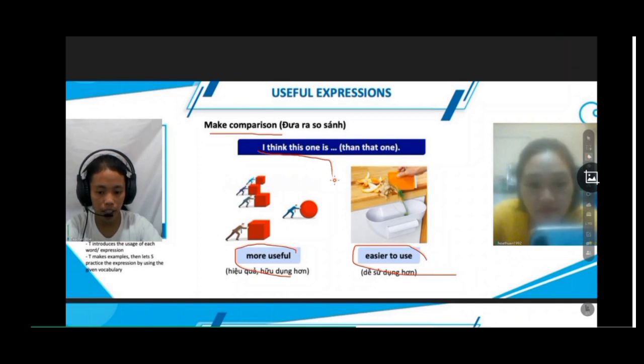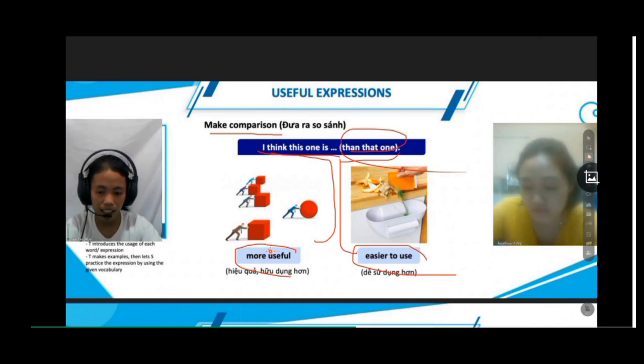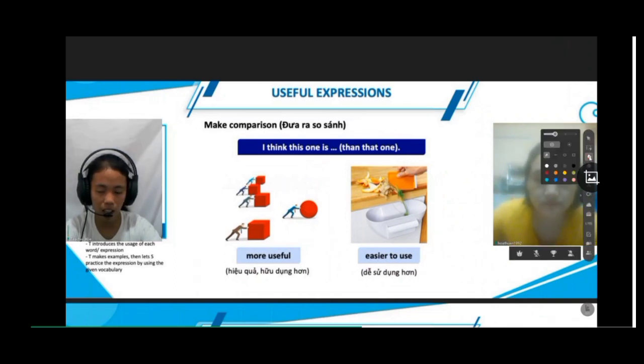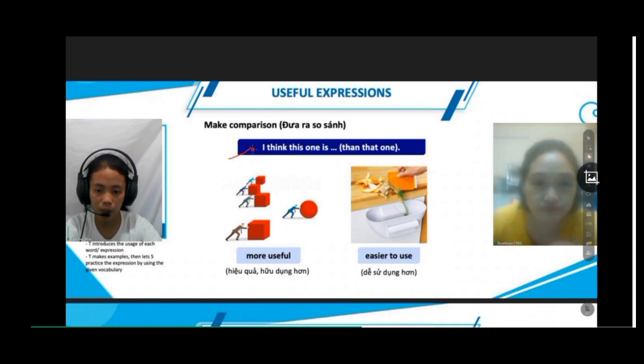I think this one is more useful than that one. I think this one is easier to use than that one. Okay? So this is an example picture. As you can see, they say that this is more useful than that one, easier to use. So again, in making comparison, you can use the words more useful or easier to use. So, again, how can we use this one?